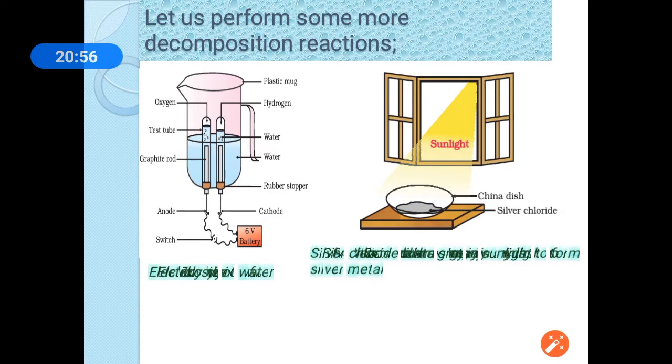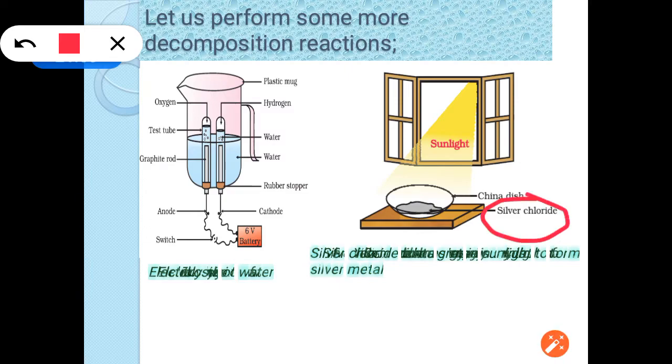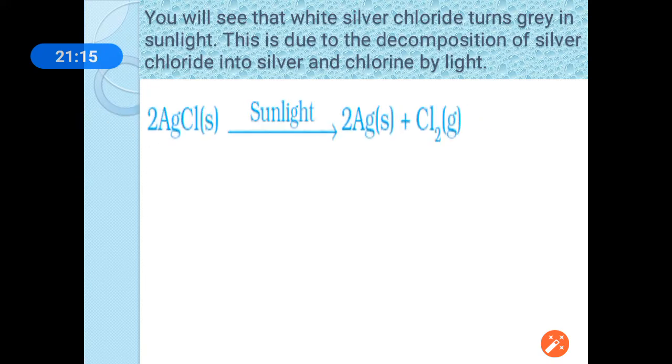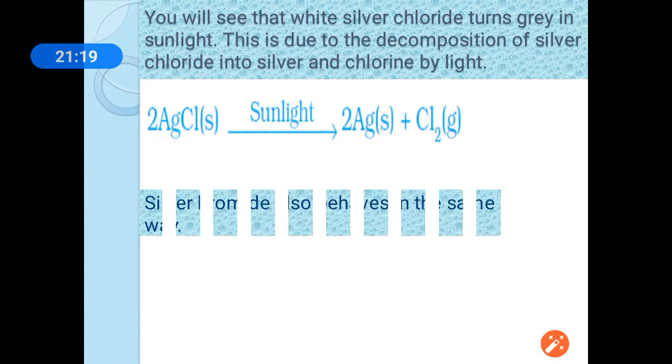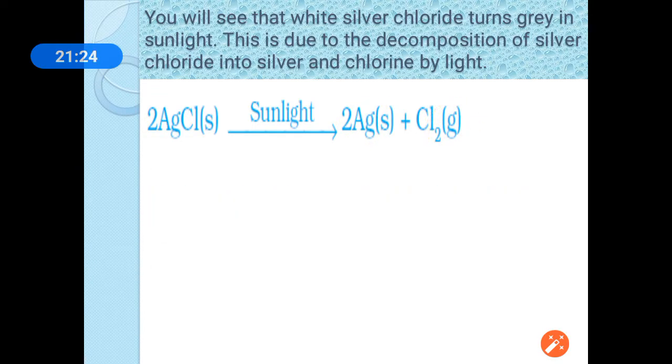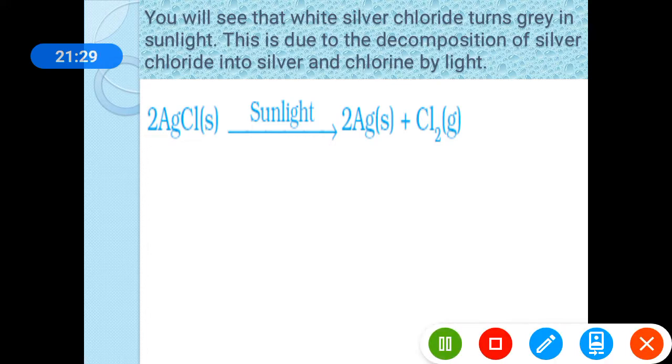Now in the presence of sunlight, as given here, the silver chloride. When we put silver chloride in a china dish, in the presence of sunlight, what will happen? It will change into Ag, that is silver, and chlorine gas. The reason is that it also decomposes.